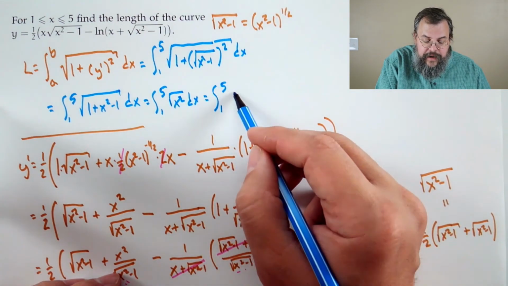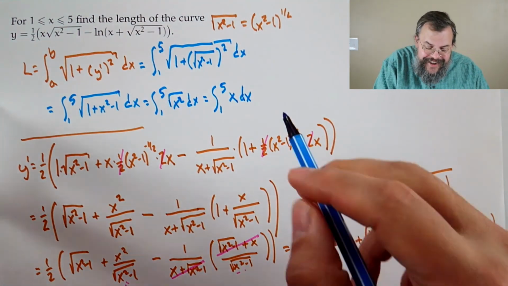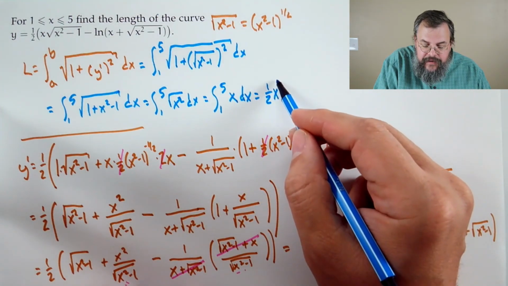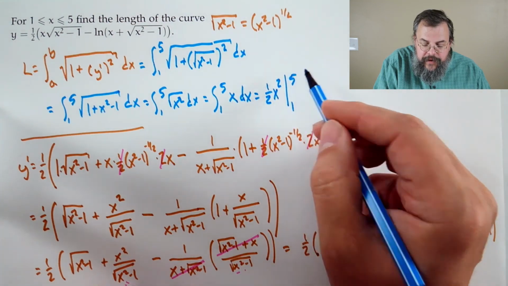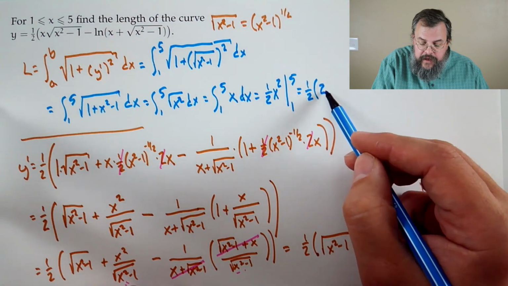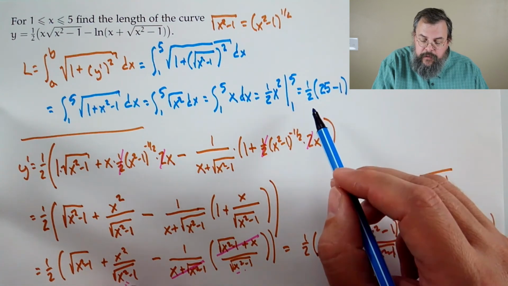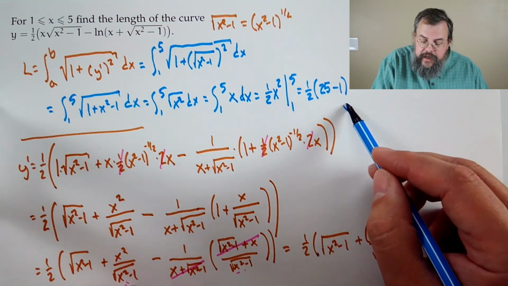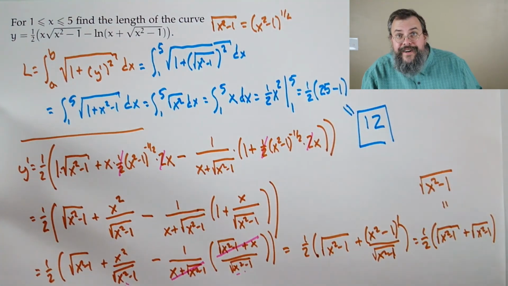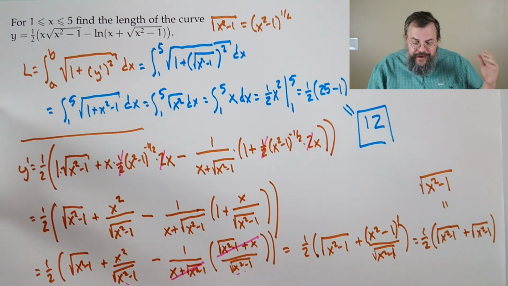Integral from 1 to 5 of x. Oh. So this is 1/2 x squared from 1 to 5, which becomes 1/2 times 5 squared, 25, minus 1 squared, 1. 25 minus 1 is 24. Times a half leaves us with our final answer of 12. That's the answer. 12.